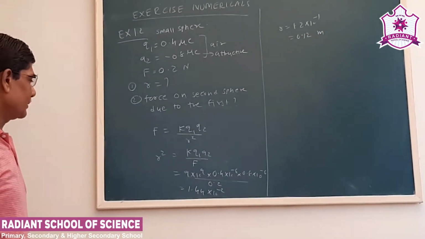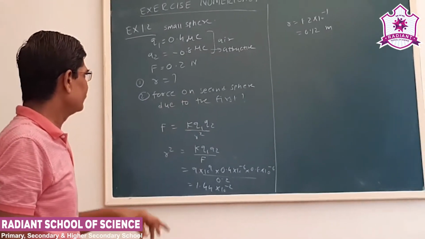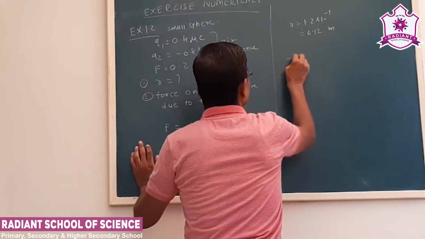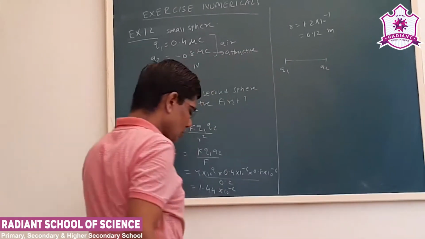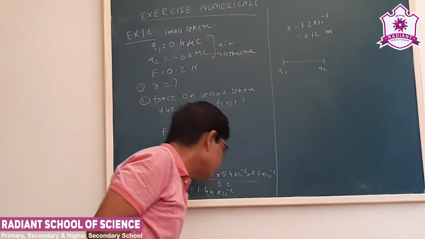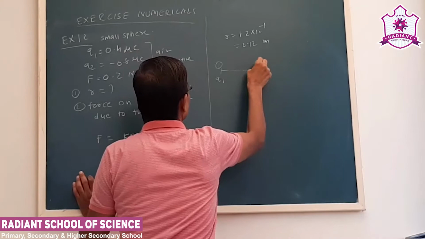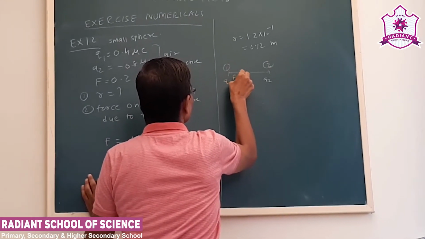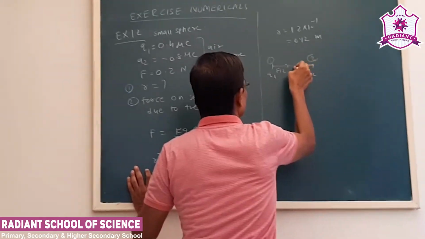0.12 meter. Now the question says, second part, force on second sphere due to the first. Now see here Q1 and Q2 are charges. See, this is F12, force on 1 because of 2, and this is F21.